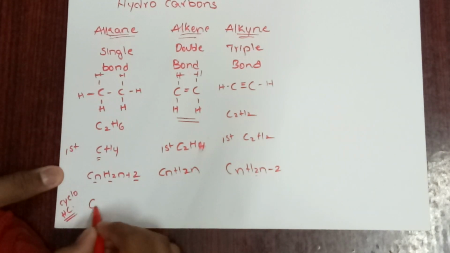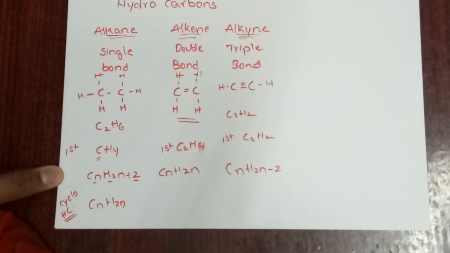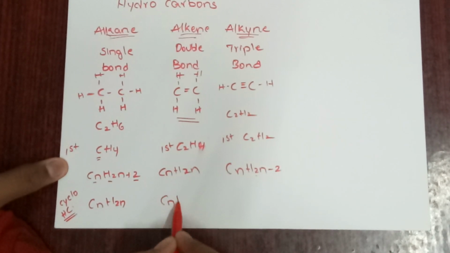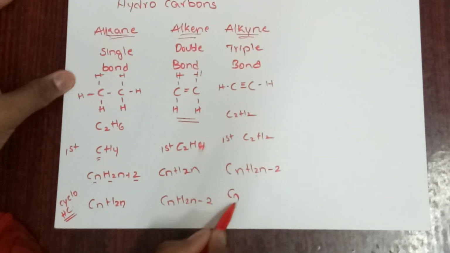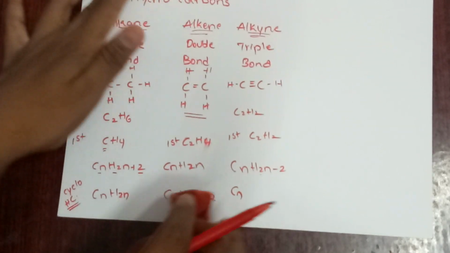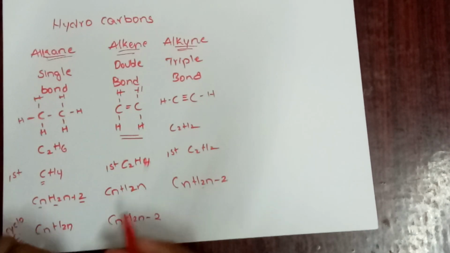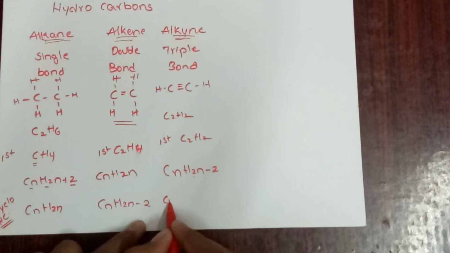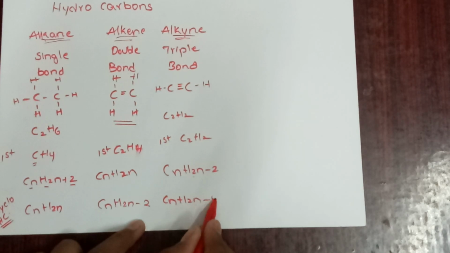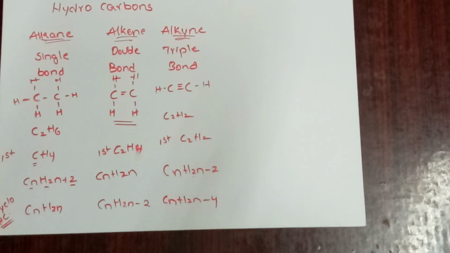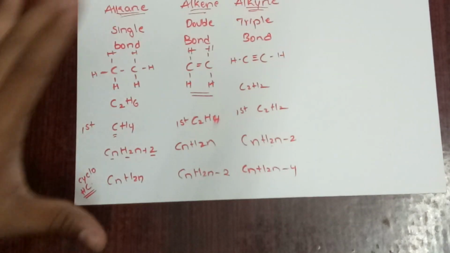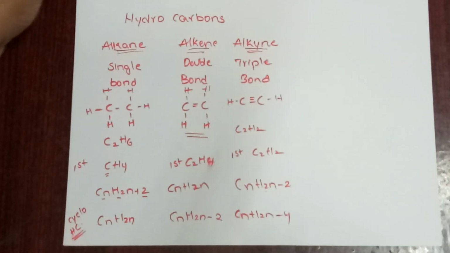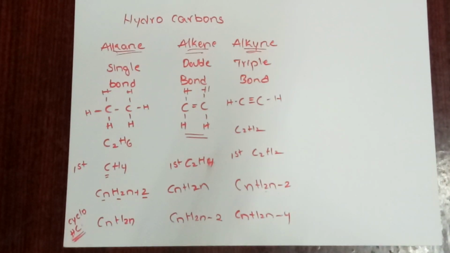For cycloalkane we have CnH2n, for cycloalkene CnH2n-2, and for cycloalkyne CnH2n-4. Good. These are the properties of alkanes, alkenes and alkynes.